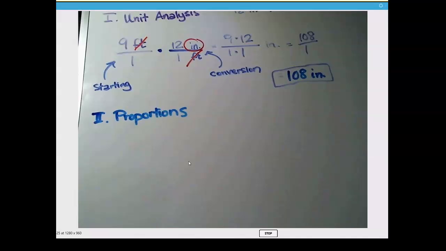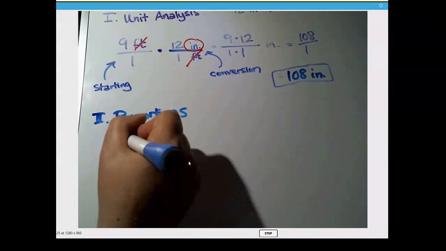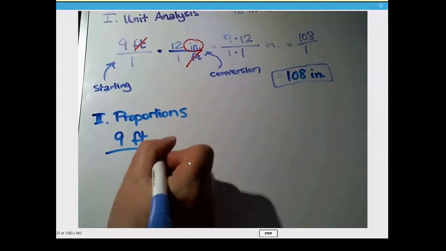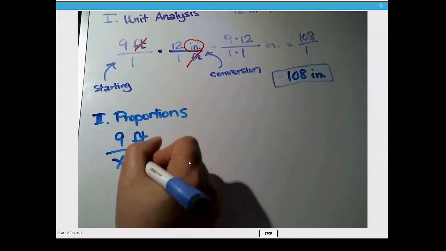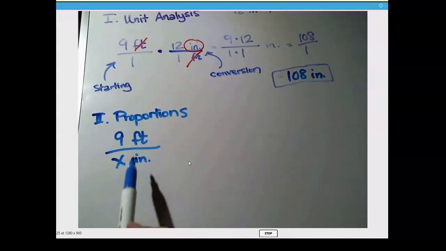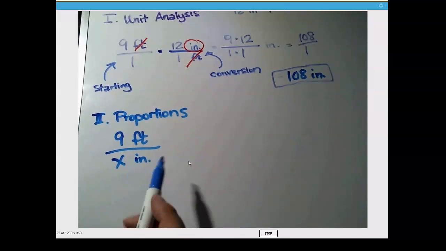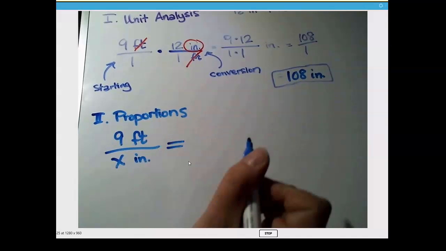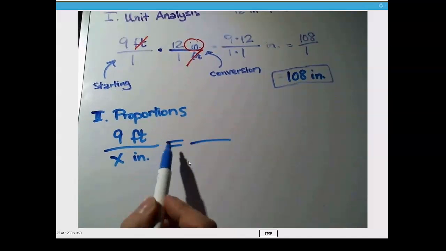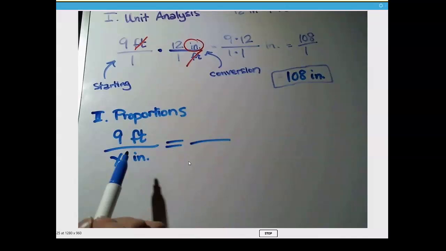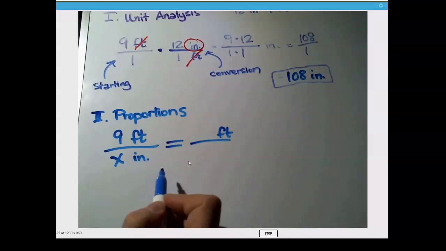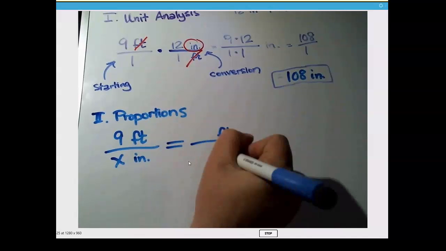So one of the ways that I like to start is to take my starting unit with this method, and I put it over what I want. I started with 9 feet. I want it to become inches. Since it's a proportion, they are equal. We're not multiplying anymore. They're now equal. And that means that the feet stay in the top and the inches stay in the bottom.